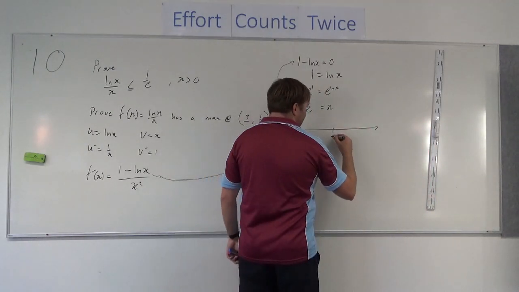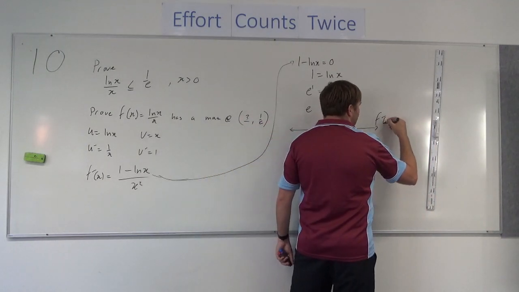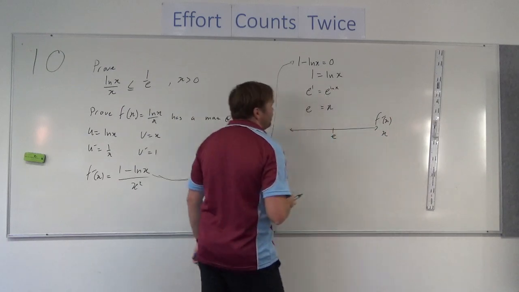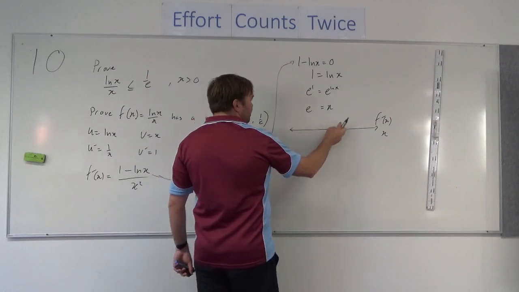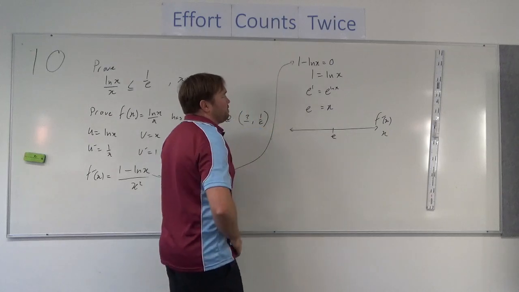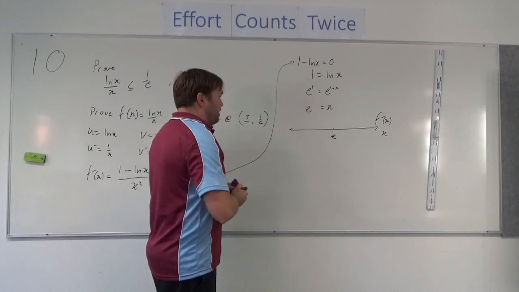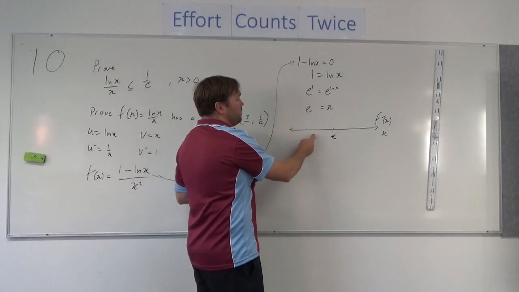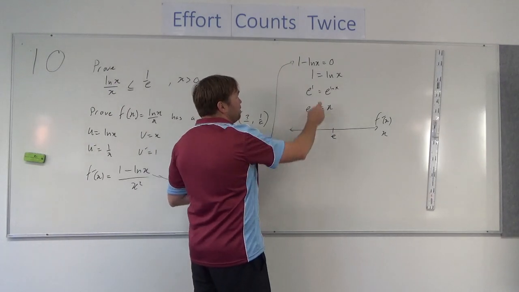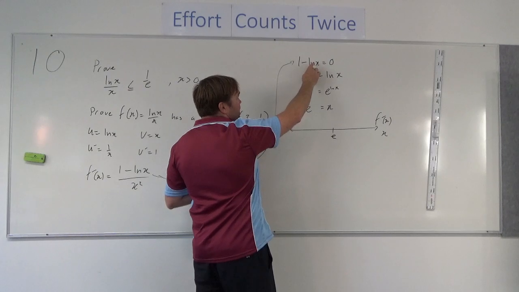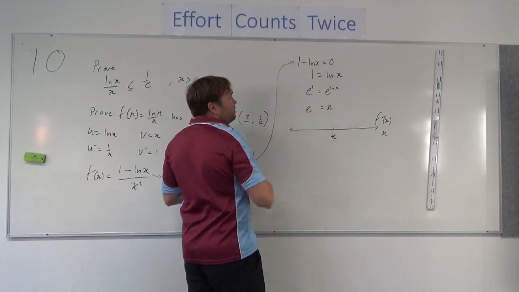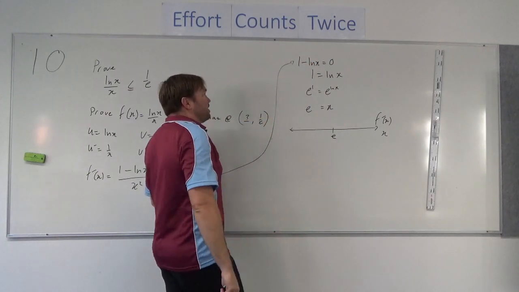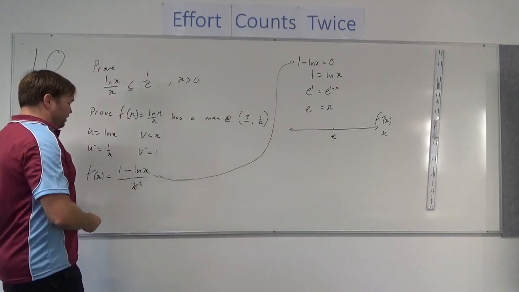If x is e, this is an f dash x function, our first derivative. We're looking for here and here. We're told it's a max, but we can double check it. If this is less than e, like e to the power of a half, if we sub in e to the power of a half, 1 take ln of e to the power of half, that gives us a half. 1 take a half is positive.